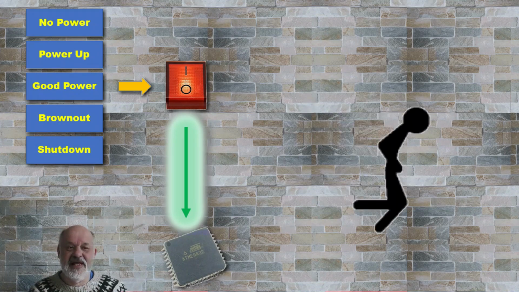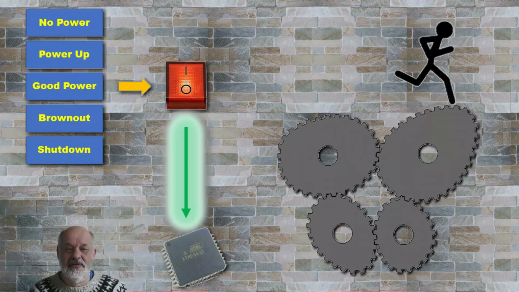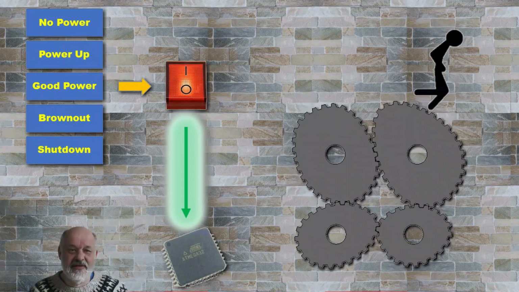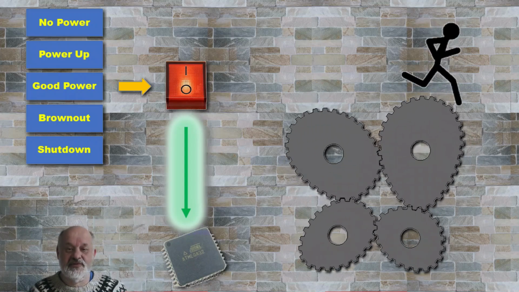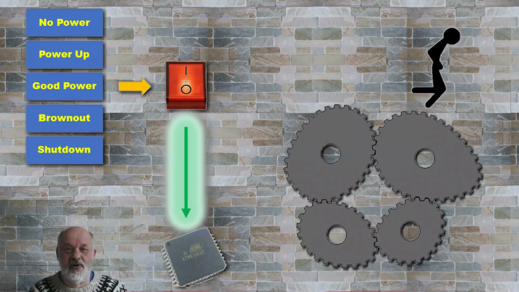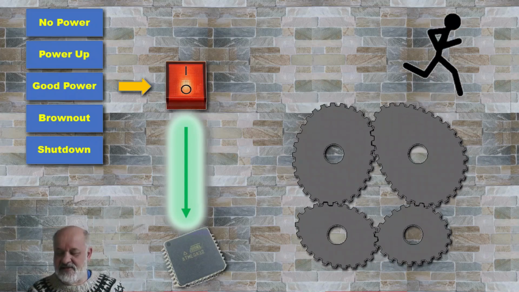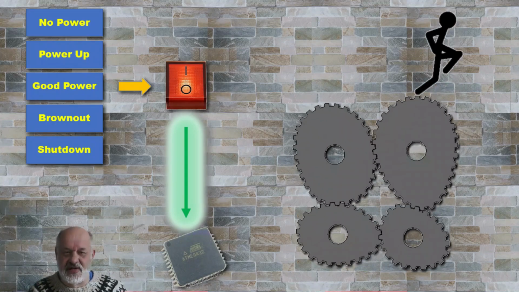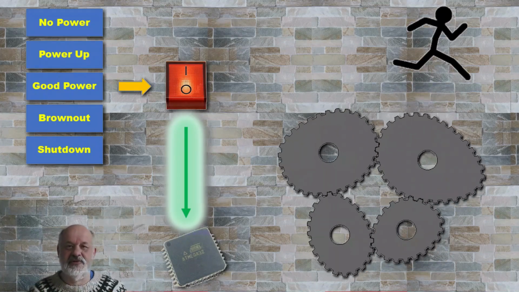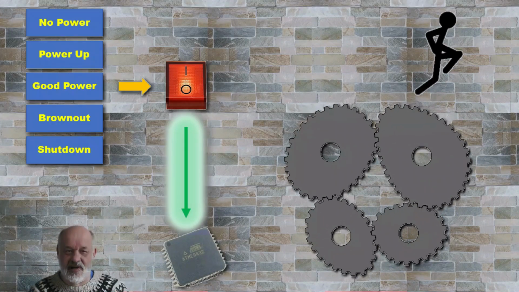So, what happens next when this power comes on? Usually the microcontroller executes what is called a power on sequence. And this is the next state. Something starts to execute, and this should result in the normal run of the microcontroller.